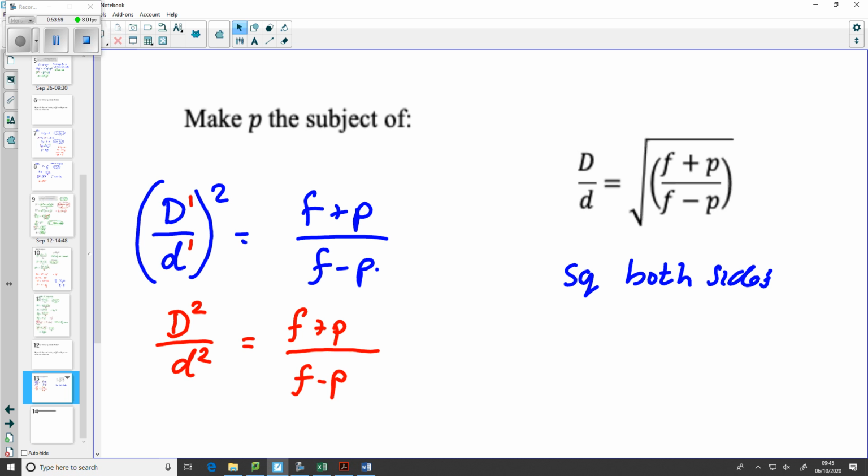What we want is to get these two lowercase p's together. How can we do that, do you think?